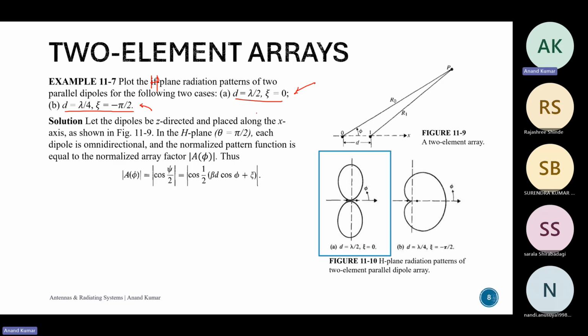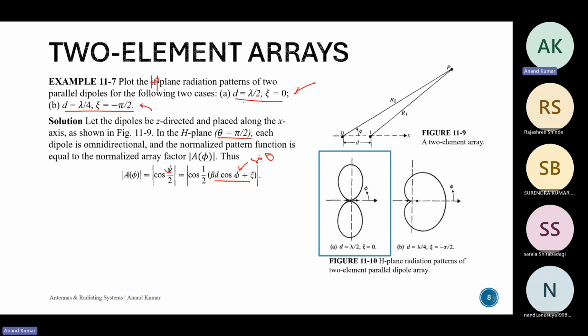Okay, so for the array factor for the H plane, theta would be pi by 2. So we will substitute that. So psi is over here. We expand psi, which is beta d cos phi, and there was a term sine theta over here. Since theta equals pi by 2, sine theta becomes 1, so that is eliminated, and then we have this term.